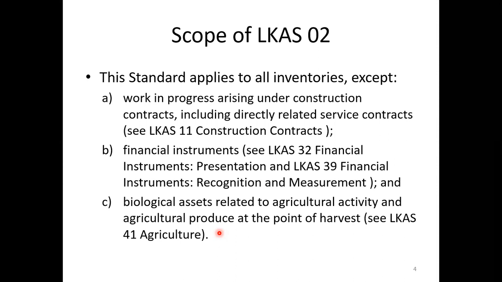So biological assets related to agricultural activity, and agricultural produce at the point of harvest, are not covered here. The relevant accounting standard for agricultural undertaking outputs is LKAS 41, agriculture.